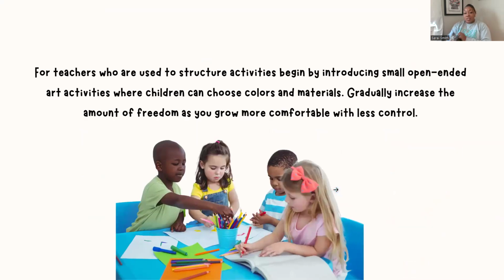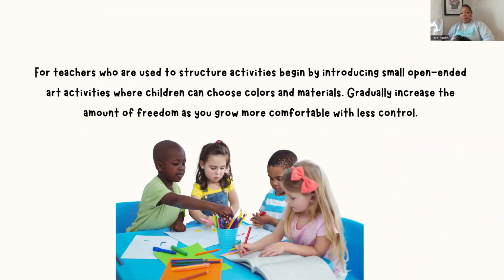So, for some of my teachers who are used to structured activities, right? Meaning this has to go a certain way, this has to go there, I have to do this. I got you. Okay, begin by introducing small open-ended art activities where children can choose colors and materials, and then gradually increase the amount of freedom as you grow comfortable with less control.